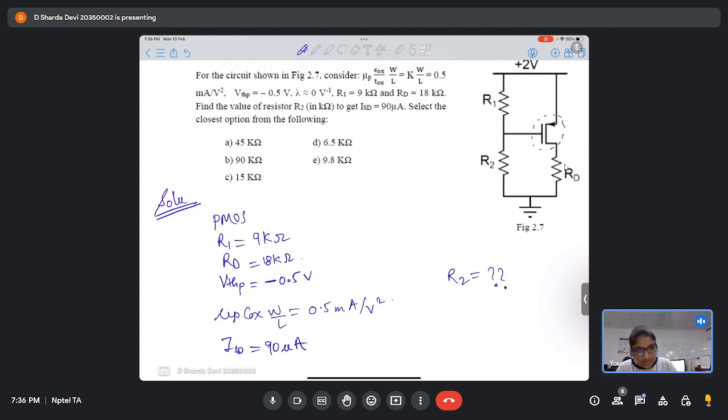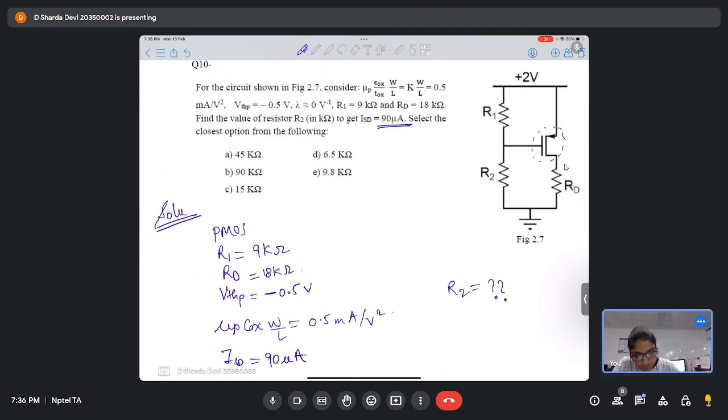Now for this amount of current, what will be the value of R2? Okay? So how will we find it? First of all, since current is given, let's start with the current.